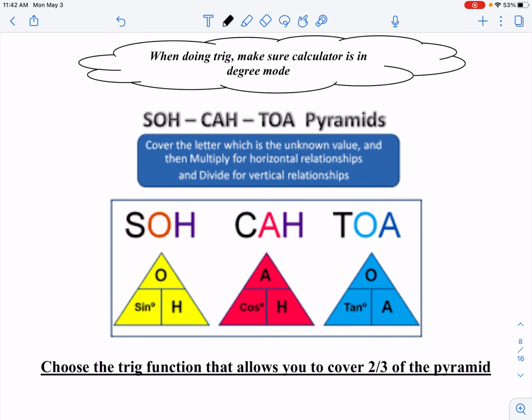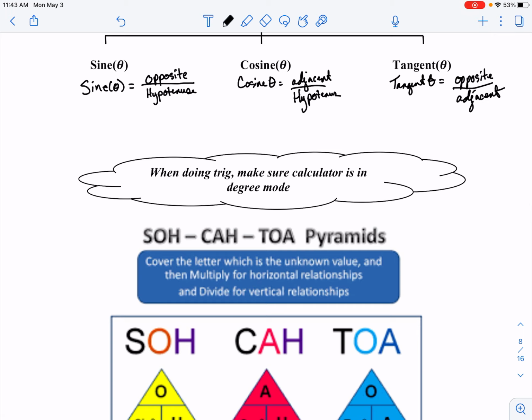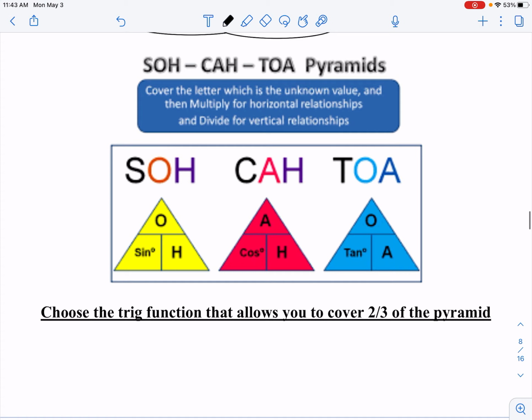SOH CAH TOA, pyramids. I don't particularly care for them. I just remember these: SOH CAH TOA. Sine is opposite over hypotenuse. Cosine is adjacent over hypotenuse. Tangent is opposite over adjacent. However, I know that some of y'all use these in science and you like them, so I figured why not put them in these notes.